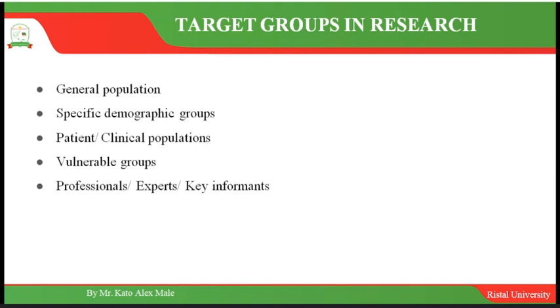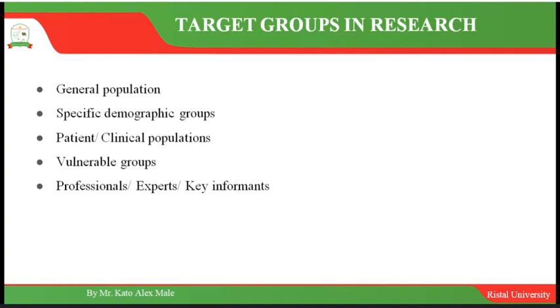I can decide to get the prevalence of HIV/AIDS among commercial sex workers. It doesn't mean that commercial sex workers have HIV, but they are vulnerable to it because they have multiple sexual partners. You get it? Those are all vulnerable groups.